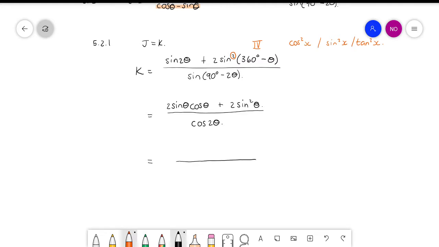En wat dink julle gaan ons in die teller doen? Wat kan ons daarbo doen? Yes, I can take out a common factor of 2 sine theta. Dis interessant.